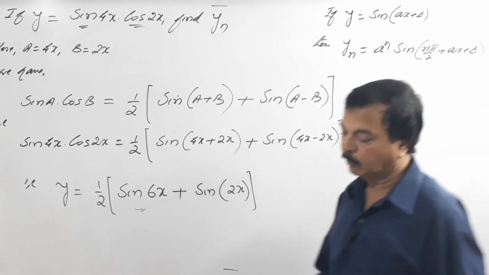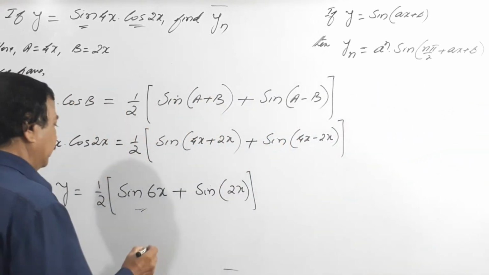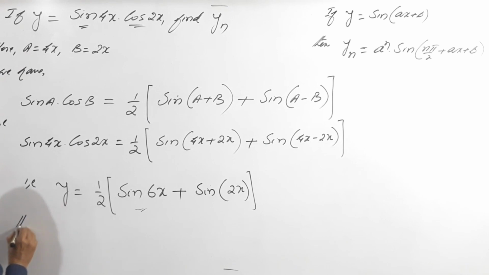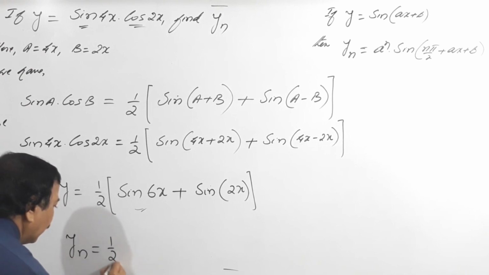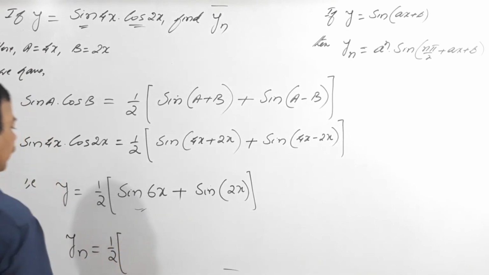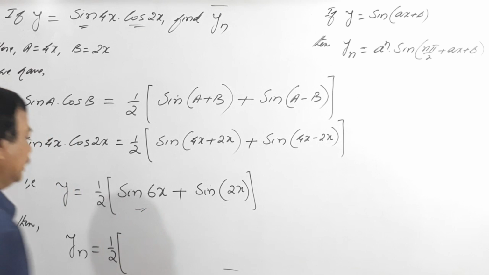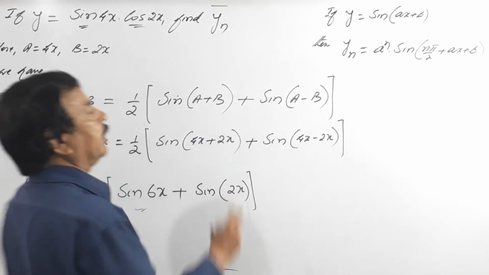So what happens now? yn will be what? Half into a to the power of n.